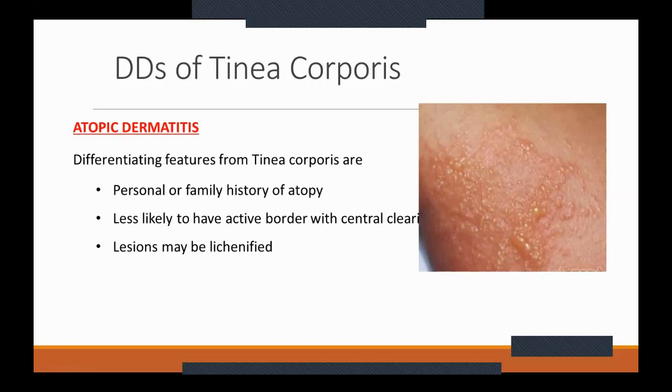But with chronicity or increase in duration of the disease, these vesicles rise up and the lesions might become hard or scaly, and that is called lichenified lesions. So they don't have any active borders and look more like eczema, with a boiled-out or oozy skin.